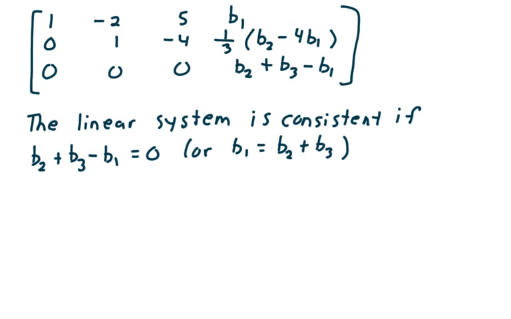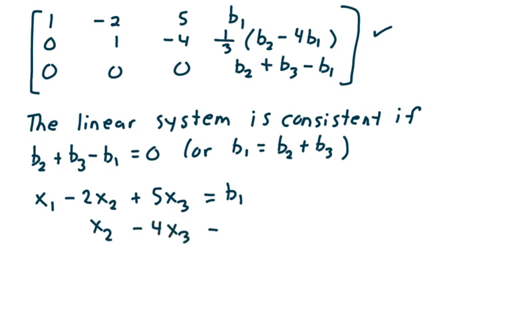And what you can do is, from this matrix, you can write what the system would look like, right? So you can take x1 minus 2x2 plus 5x3 equals B1, and then x2 minus 4x3 equals 1/3 of B2 minus 4 B1.